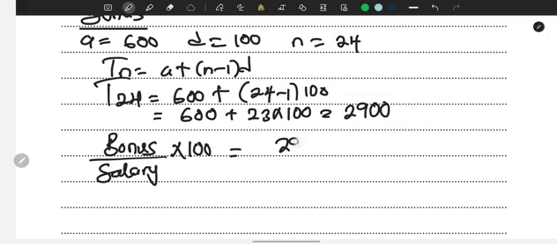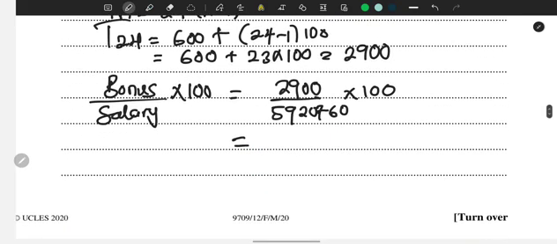So this is 2,900 divided by 59,207.60 times 100. So from here you have the final answer to be 4.90%. So that is the bonus percentage at the end of the 24th year.